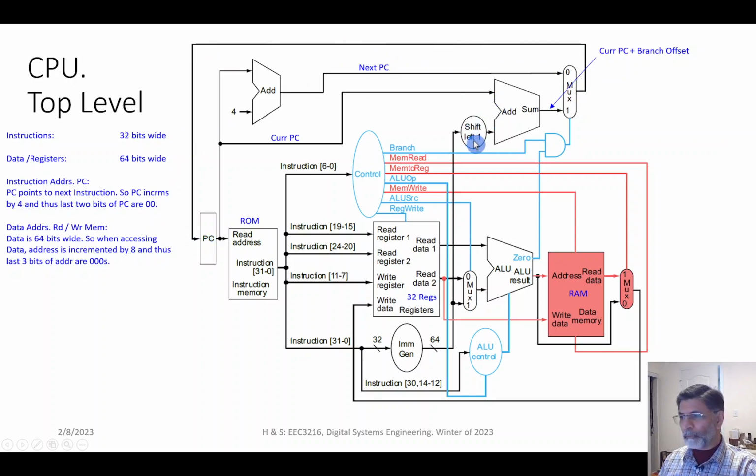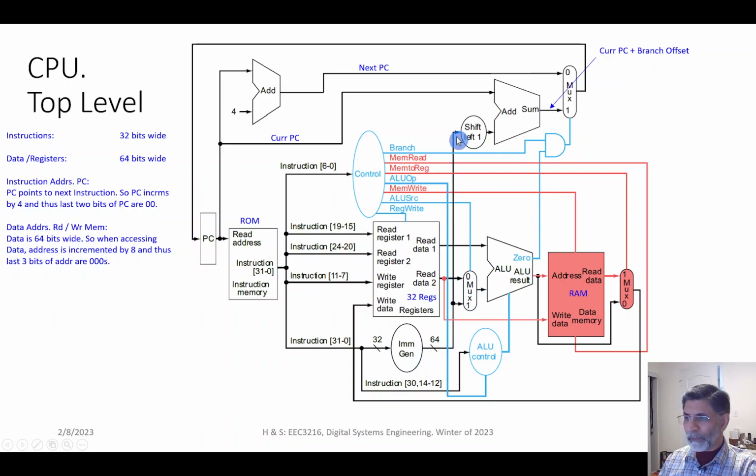But in case of branches or jump instructions, you would be getting an immediate value, which you'll be adding to the current PC. And this would be the control to select that value. So PC could be either the next PC, or the current PC plus the branch offset, which would be coming from this section.